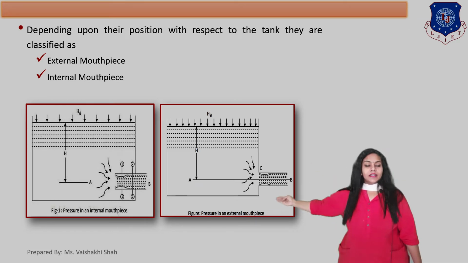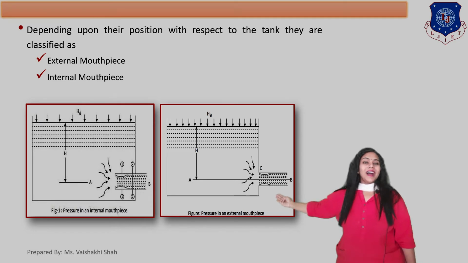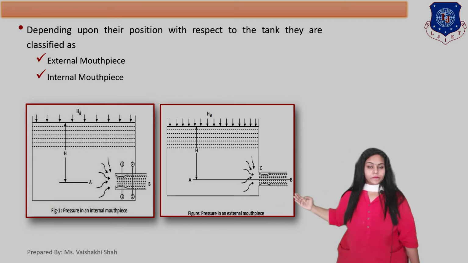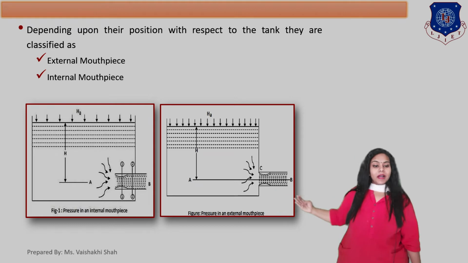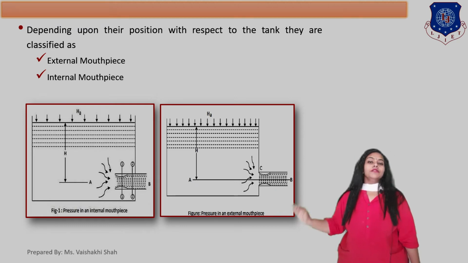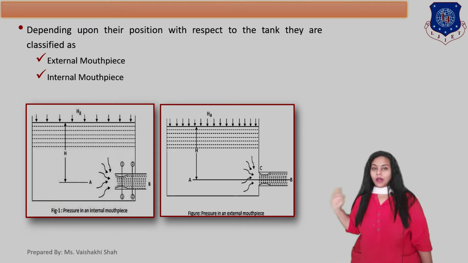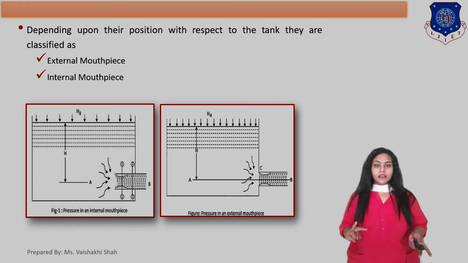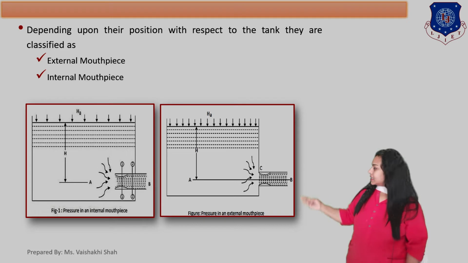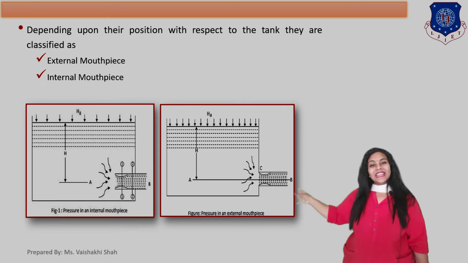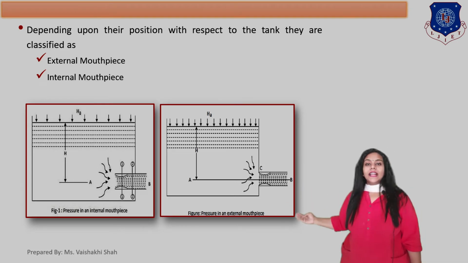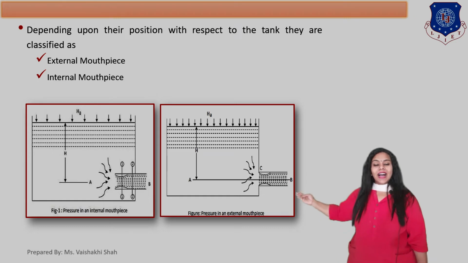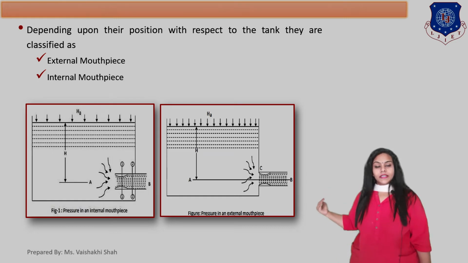And here the pipe is connected from outside the water tank, which is called the external mouthpiece. Clear? So the difference between external and internal mouthpiece is simple. An internal mouthpiece is connected from inside the tank and an external mouthpiece is connected outside the water tank.